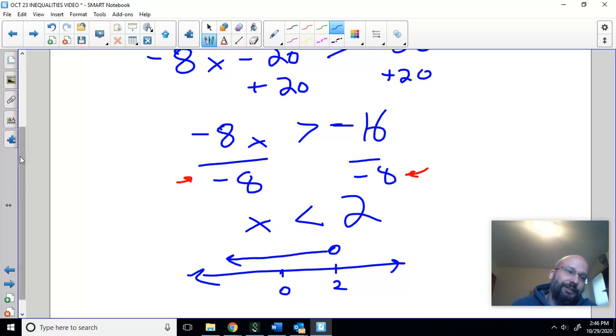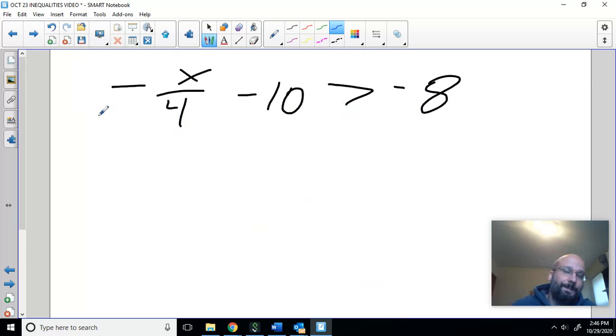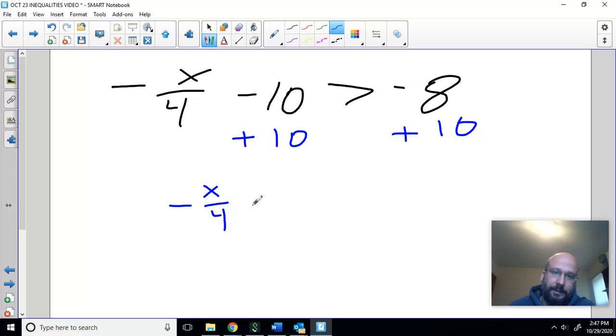So again, if you understand solving multi-step equations, you'll understand how to solve multi-step inequalities. Same thing. I'm going to move my -10 over because that's what I do. I have negative x over 4 is greater than 2.